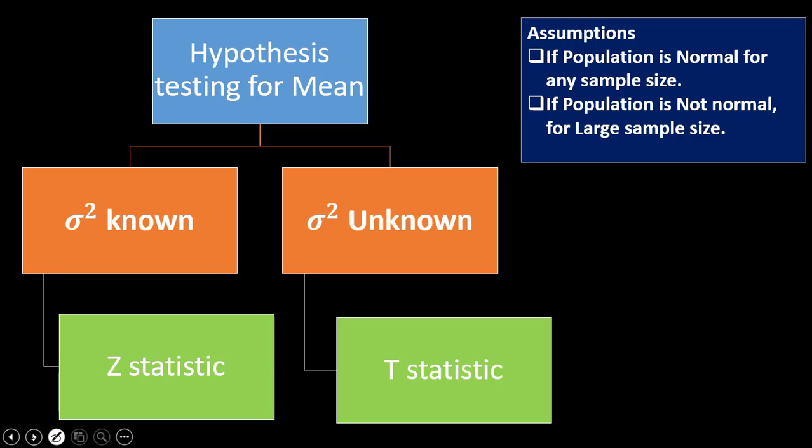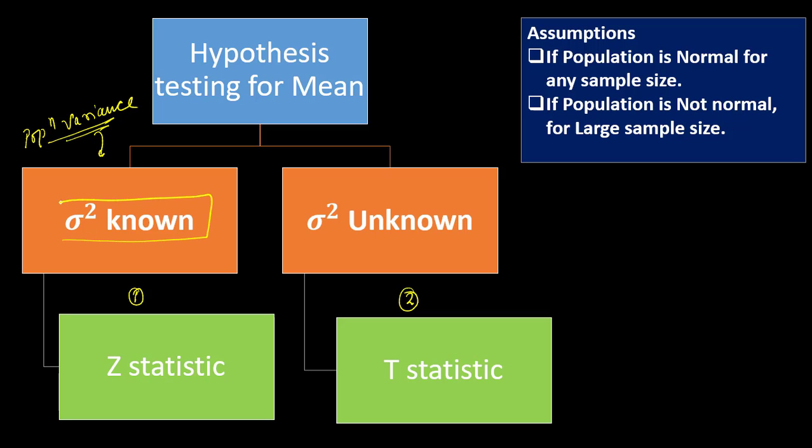Here we have to use two types of statistic: one is the z statistic and the other is the t statistic. If the population variance is known, that is sigma square is known, then we are going to use the z statistic, and if the population variance is unknown, then we are going to use the t statistic.